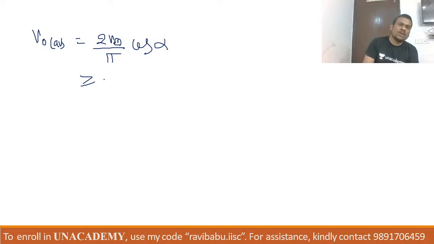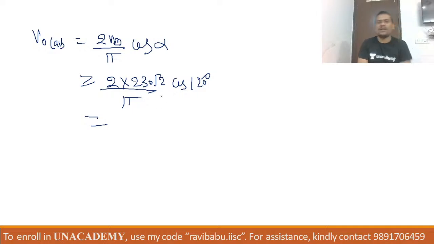Yeah, very nice beta. So here we can write 2 into 230 root 2 divided by pi into cos 120 degree. Tell me beta how much this value will be? Not average, I want to ask you. Just formula, nothing else.